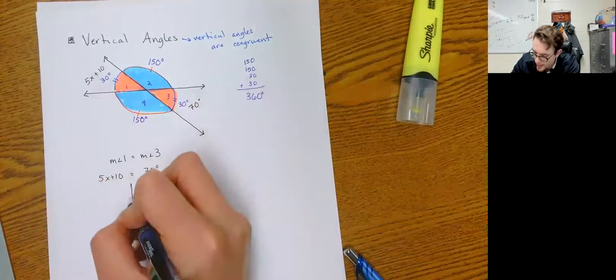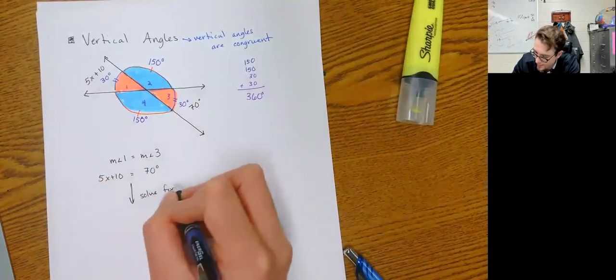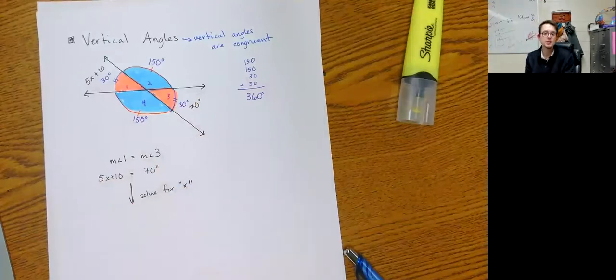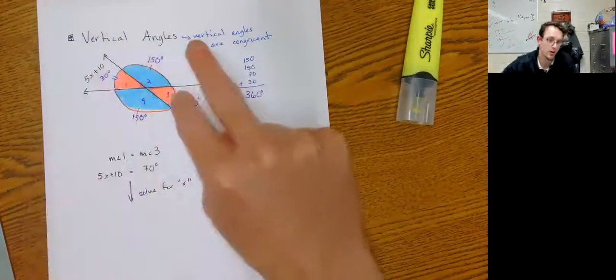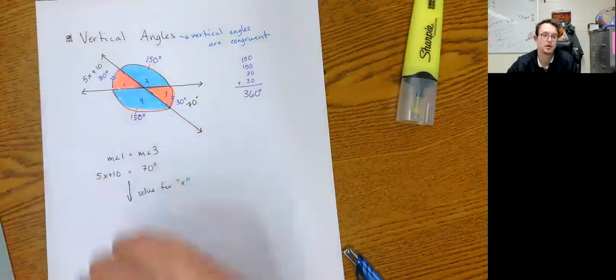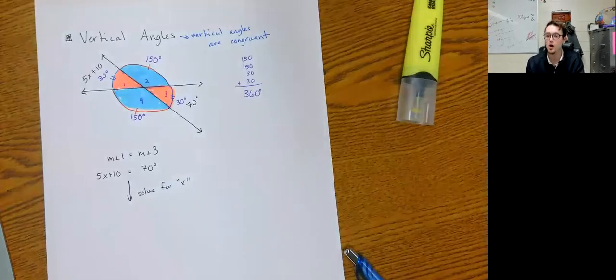Now I can solve for x. So there's ways to use this information: vertical angles are equal, I've got a linear pair. You can use this information to create equations and to solve for missing parts or missing angle measures.